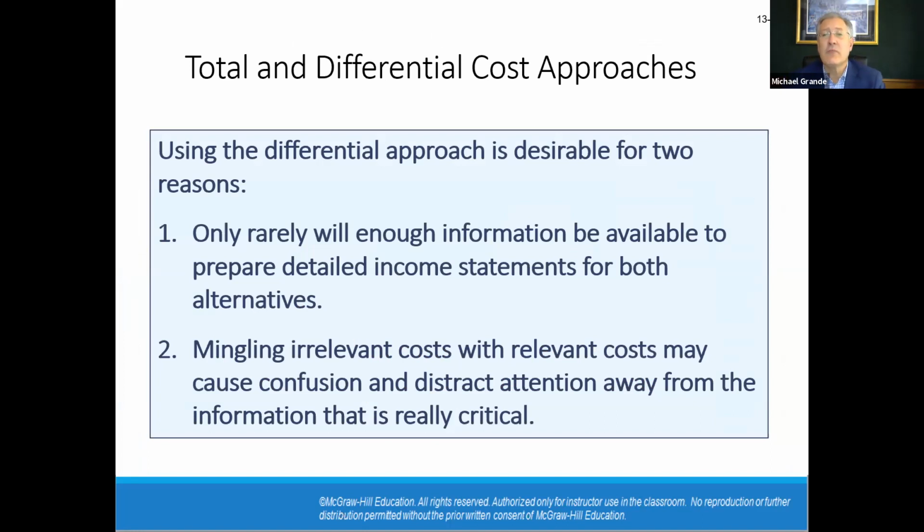One, only rarely will enough information be available to prepare a detailed income statement for both alternatives. Two, mingling irrelevant costs with relevant costs may cause confusion and distract attention away from the information that's really crucial. So we want to focus our attention on what changes, the differences.